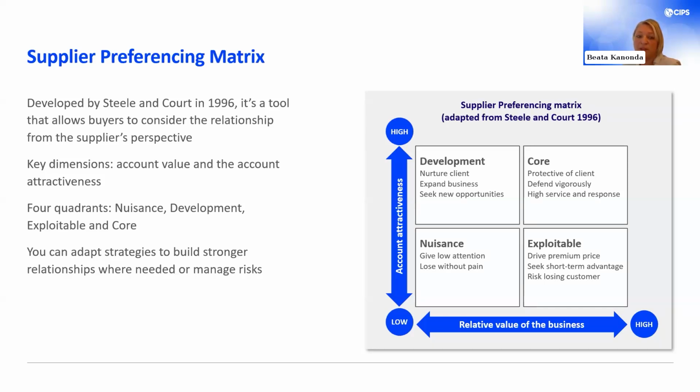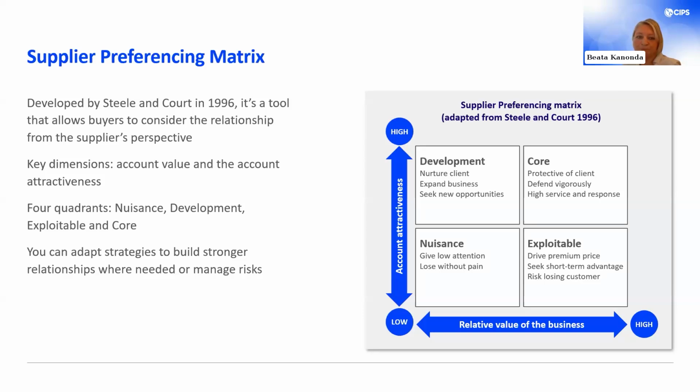At the same time, regularly assess the risk of over-reliance on a single supplier and diversify when necessary. An example of a customer in this quadrant could be a multinational corporation with long-term contracts, joint innovation projects, and a significant share of the supplier's business.